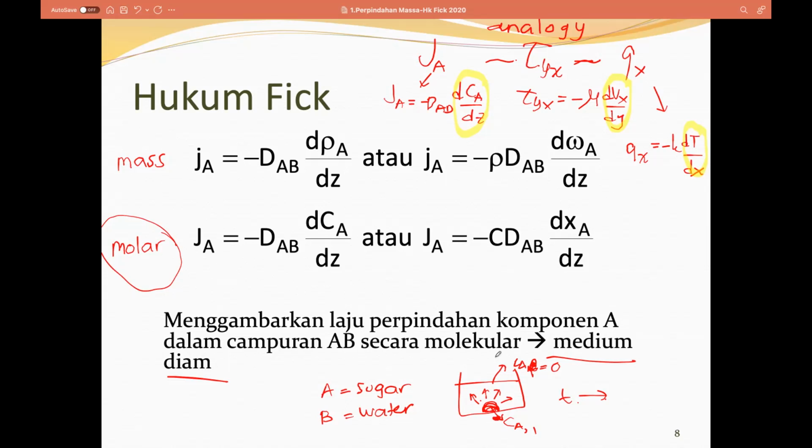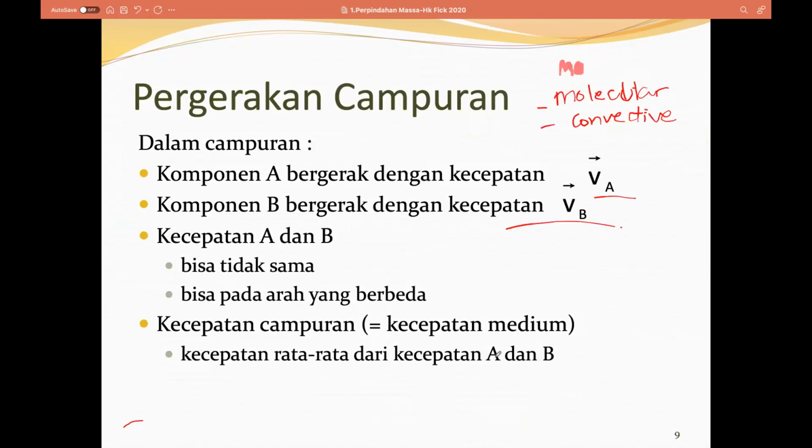Now in a mixture, both A and B are moving. Let's say you have your sugar here and the water here, and then you stir it with a spoon. Of course the sugar will have velocity, and the water will have velocity as well.